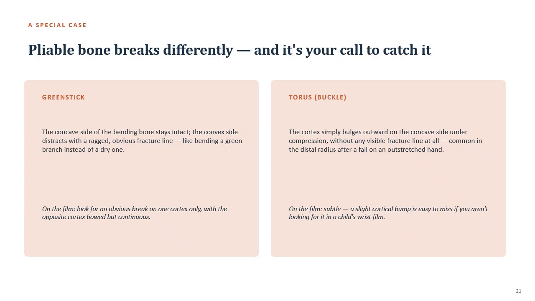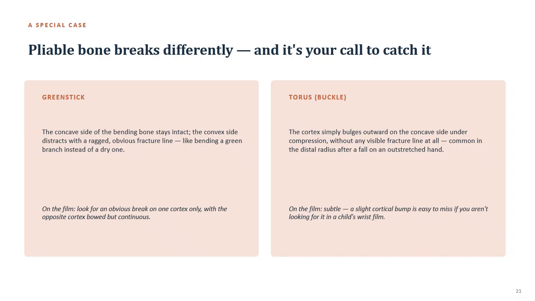All right, the fractures that we mentioned here, greenstick, torus, buckle, can be an easy miss if the images are not rotated properly, if the images are underexposed, or collimation sometimes can cause some concern for seeing some of these fractures.